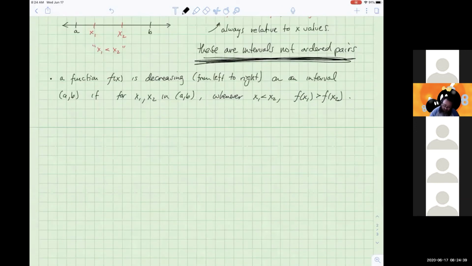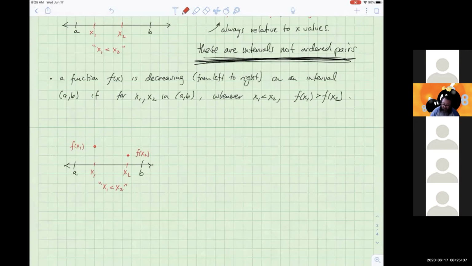So let's talk about that. Again, we have a number line here. Maybe here's a, here's b, and somewhere in between is an x1 that's less than an x2. But this time, whatever the ordered pair is that has a height of f of x1, that one is greater than f of x2.